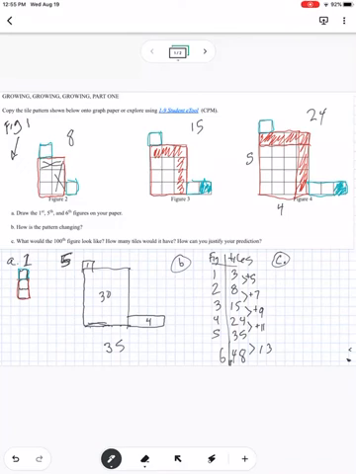So one way to think about it is the figure number is right here. So that's 4. This is the figure number, but one more than the figure number always. This is figure number, but one less. And this is always just the number 1.